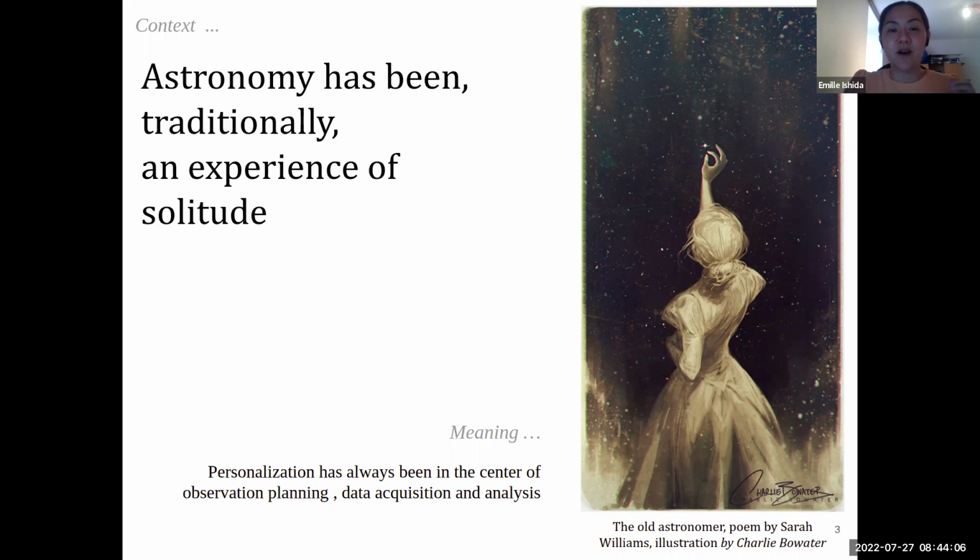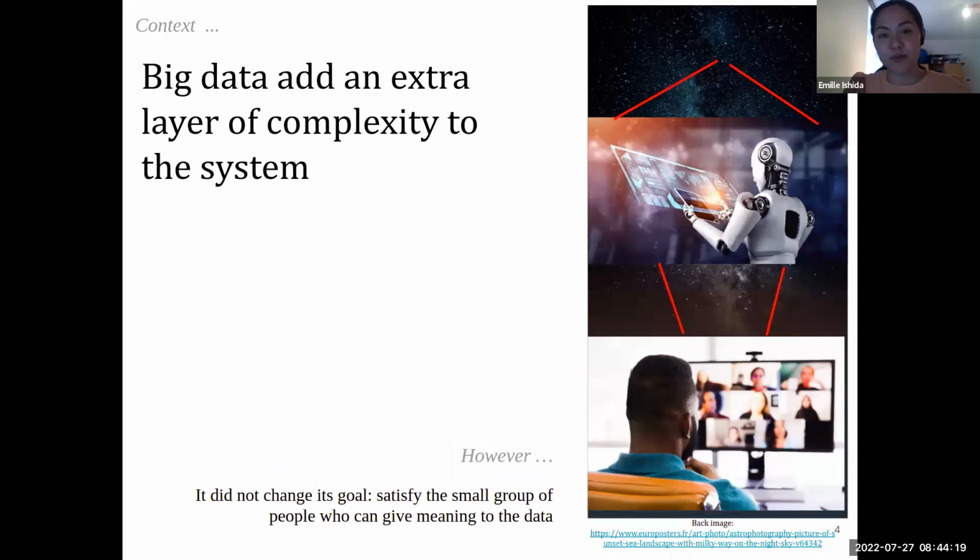So this is where historically we are coming from, and this is the tradition of a relationship with the data that we inherited from them. With big data and the new telescopes, what changed? Things now are less romantic, some would say, or not. But now we have super big telescopes, which give us access to a lot of data.